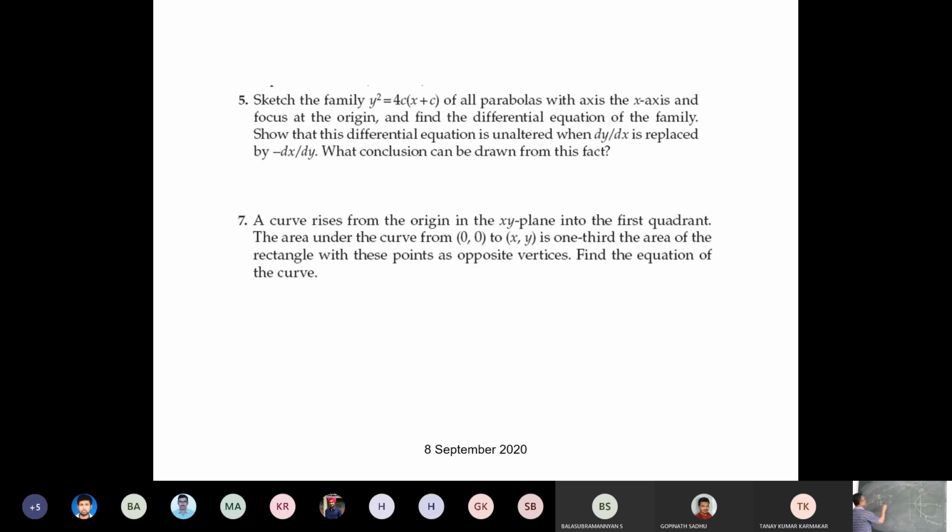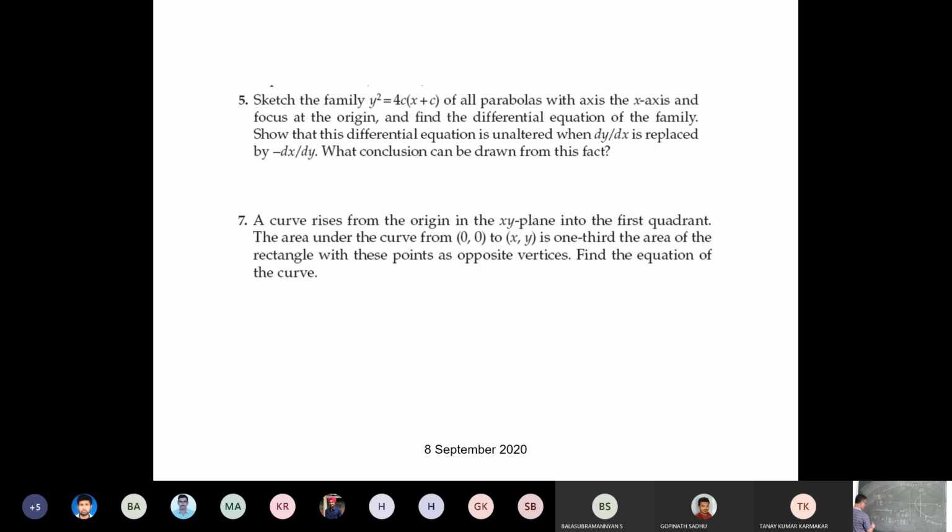Call it A and B. Eliminating c between A and B gives me y squared equal to 4 times y by 2 dy dx, times x plus y by 2 dy dx.